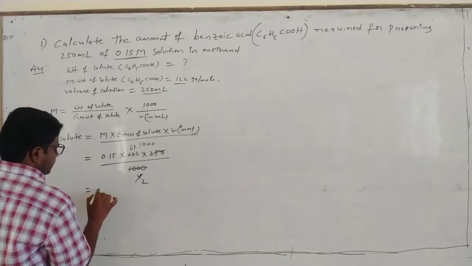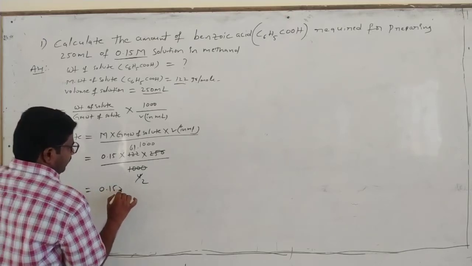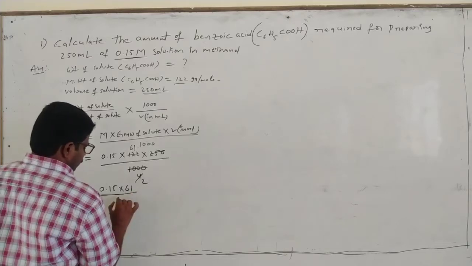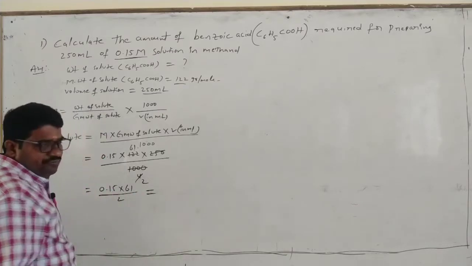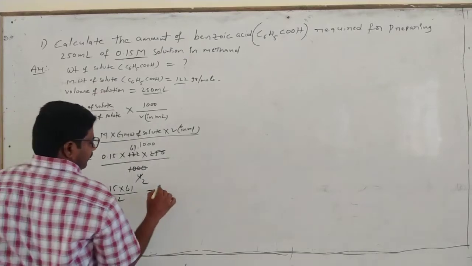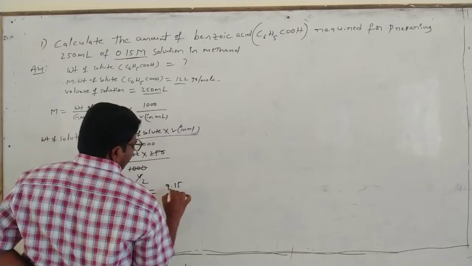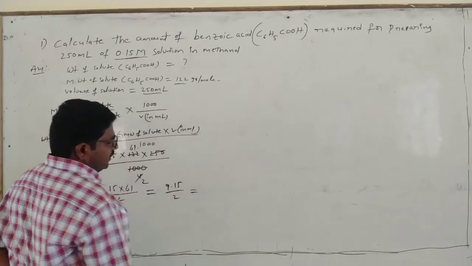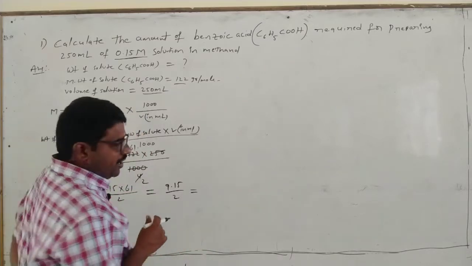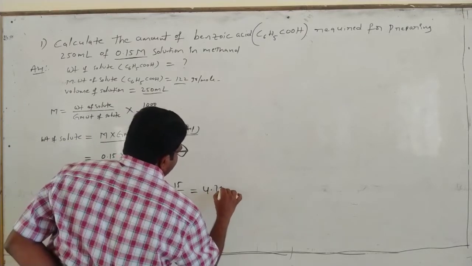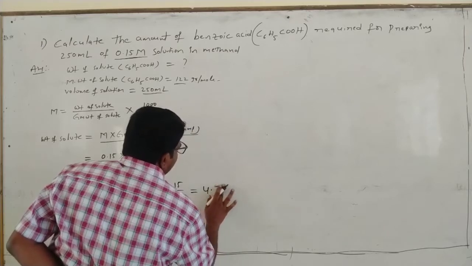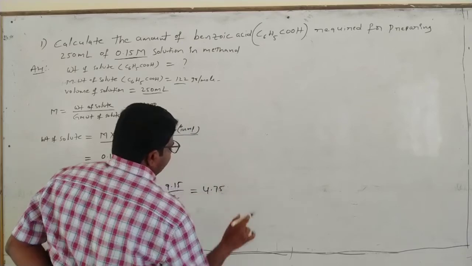Right, now we can write 0.15 into 61 by 2. Now 0.15 into 61 is how much? 9.15. 9.15 by 2. Now we can simplify this one. Finally we got 4.575.